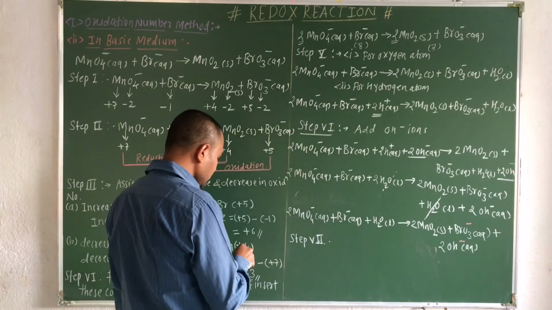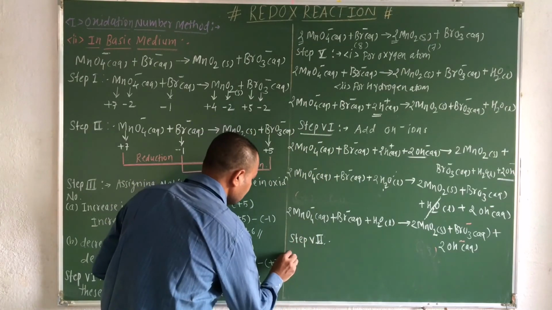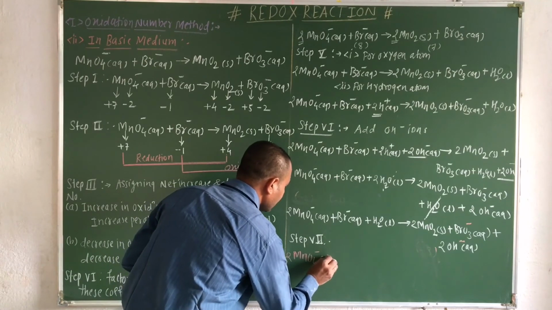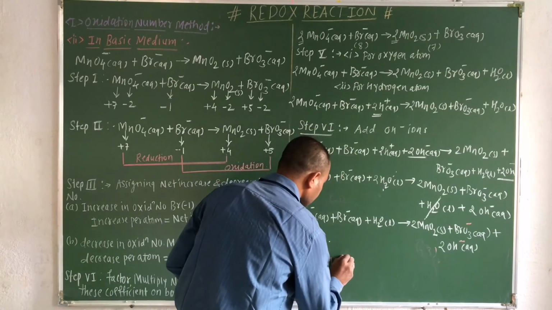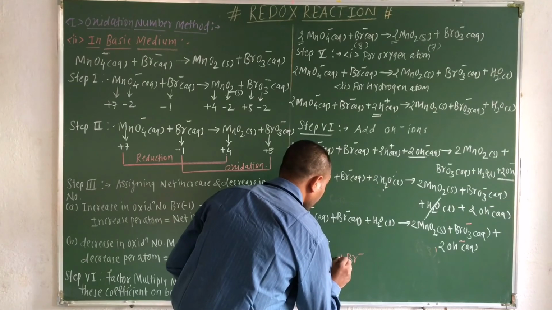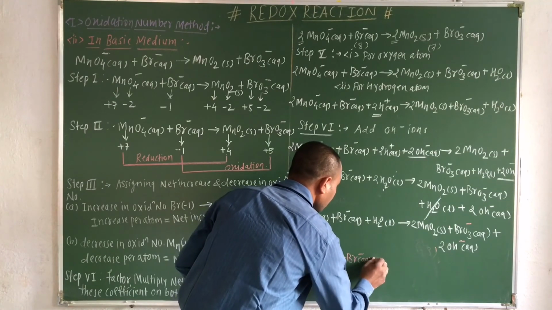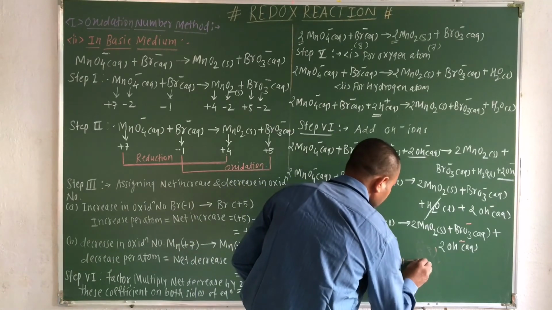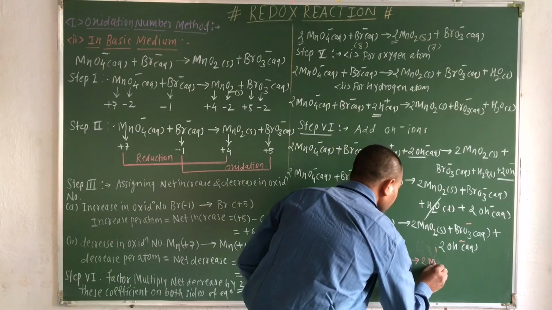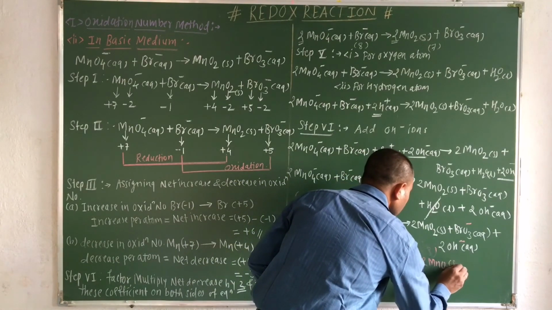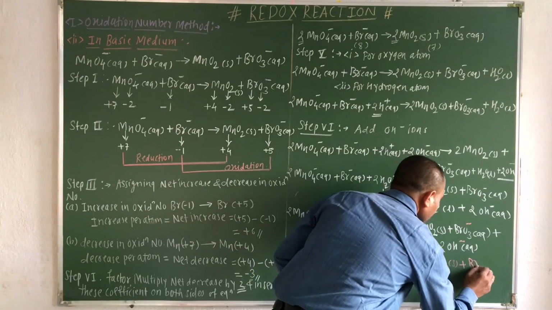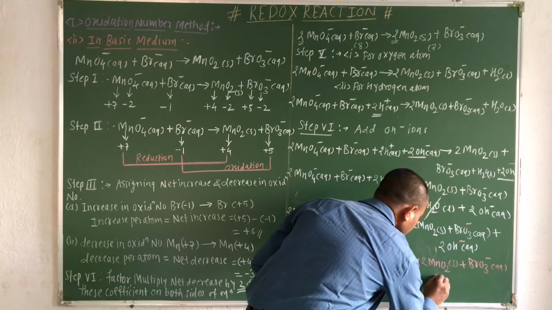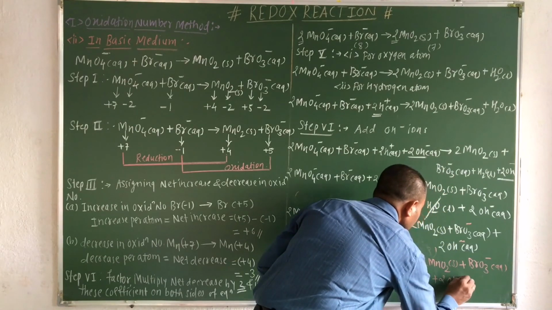So we have to write down this reaction as the final answer, that is 2 MnO4 minus aqueous plus Br minus aqueous plus H2O liquid gives 2 MnO2 solid plus BrO3 minus aqueous plus 2 OH minus ion.